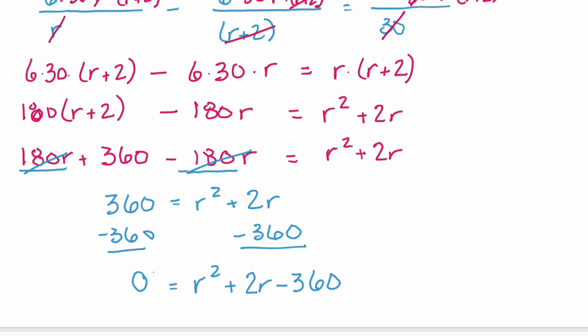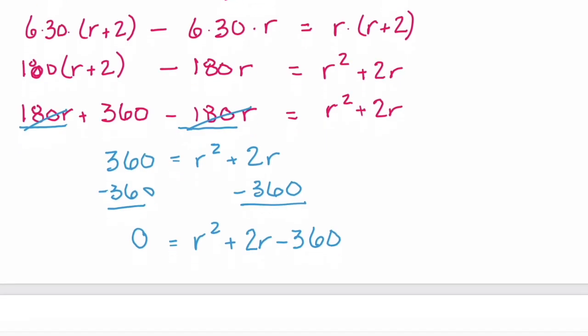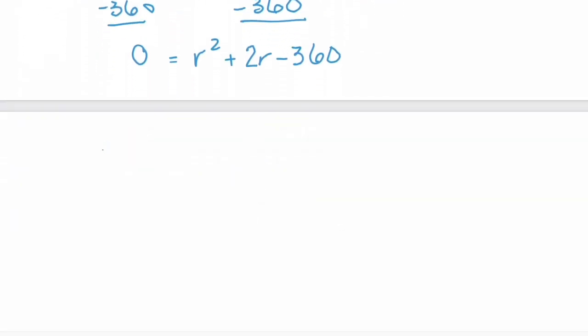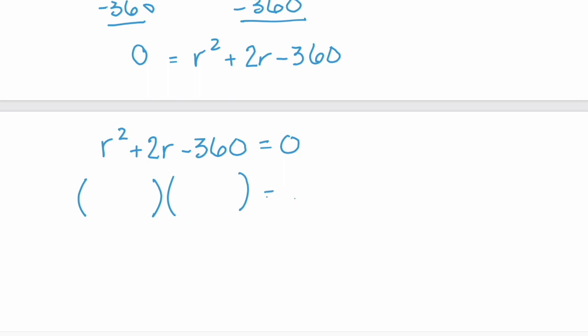We have a polynomial, and we know how to solve a polynomial. We need to factor it. So first I'll rewrite it with the 0 on the right. So r squared plus 2r minus 360 equals 0. Now we want to factor this polynomial, and we're looking for two numbers that multiply to negative 360, but they also have to add to 2.